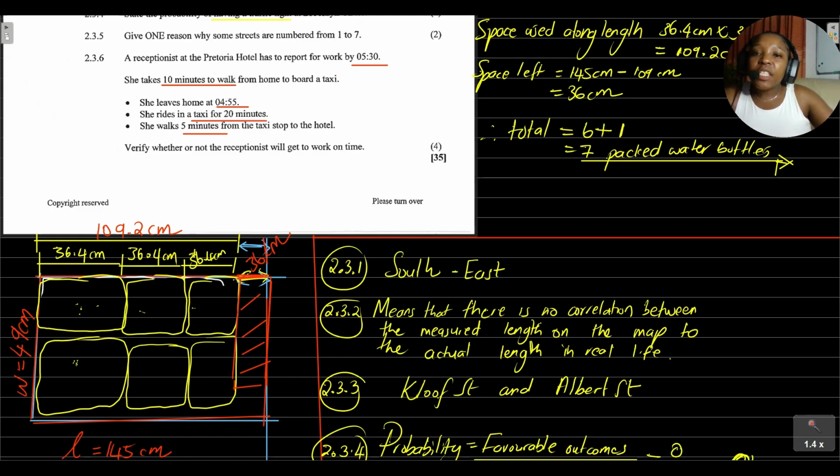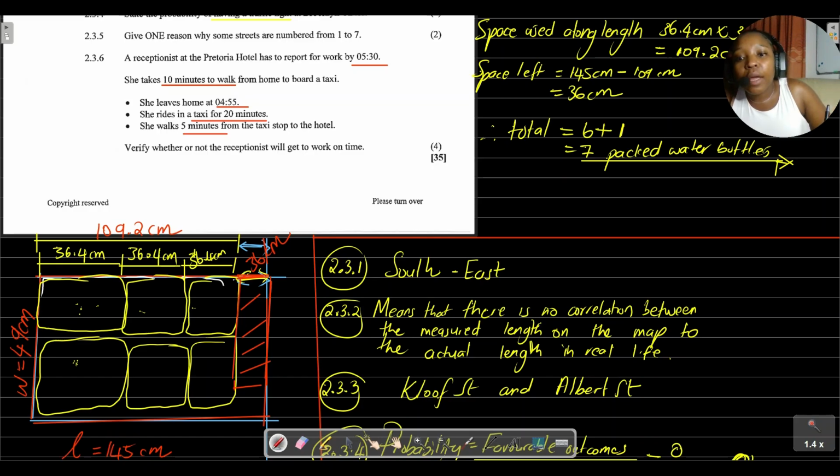So now, obviously, we're trying to verify if the receptionist is going to be at work by 5:30. We're not going to use that value in our calculation. We are trying to verify it. So it's not going to be in our calculation. So we're going to start off with the time that she leaves home. She's leaving home at 04:55. Then she walks for 5 minutes. So 04:55 plus 5 minutes puts us where? So if you plus 5 minutes, it puts us at 05:00.